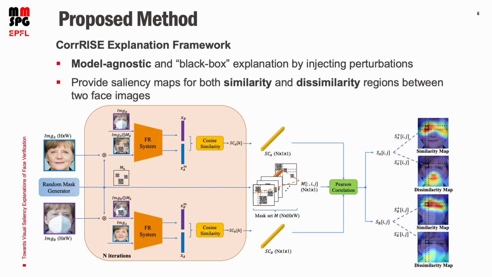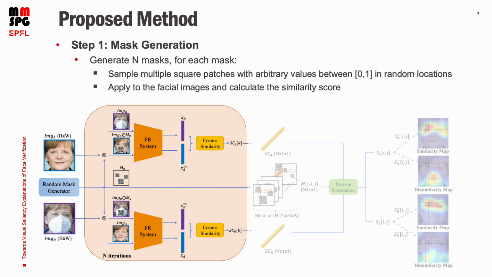We present a new model-agnostic explanation method called CorrRISE to address the new definition of explainable face verification. It provides saliency maps for both similarity and dissimilarity regions between two face images, and it consists of two steps: mask generation and saliency map calculation. In the first step, we iteratively generate masks as perturbations.